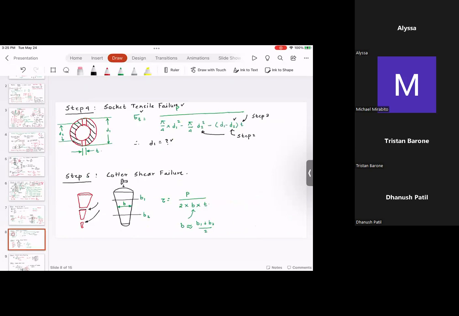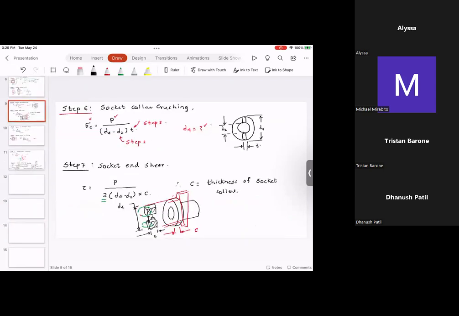Then go to socket tensile failure, find the diameter D1, then look at the Cotter shear failure, find the width of the Cotter, which is B. Then look at the socket collar crushing, which will give you the value of D4. Then look at the socket end shear, which will give you the thickness of the socket collar, which is C.